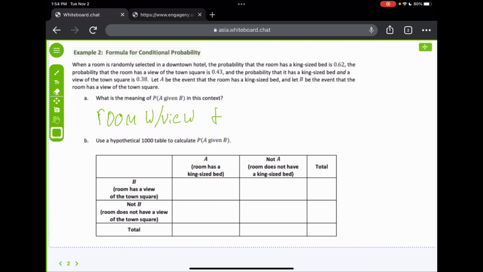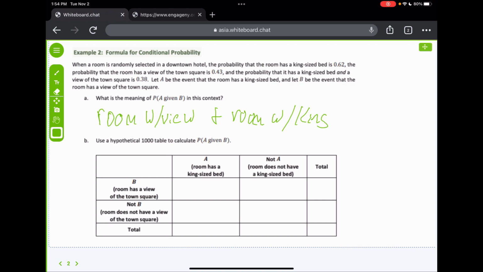Okay? That's what we're talking about. What's the probability of it having a king-size bed given a room with a view?